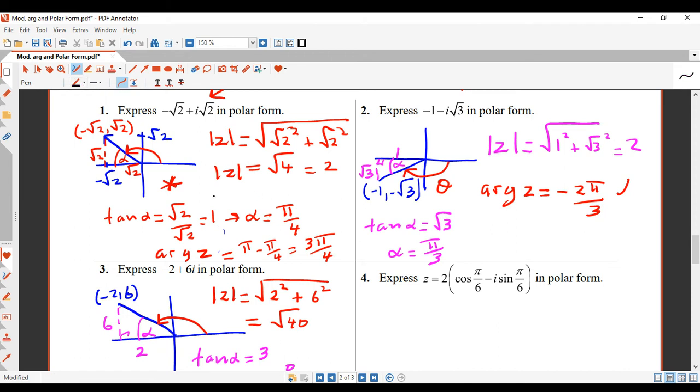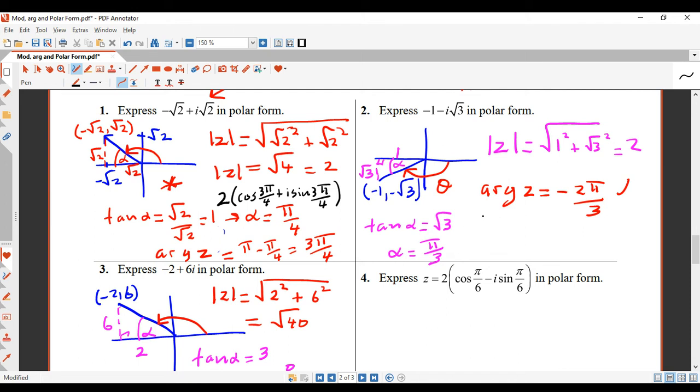Coming back to the first one, just putting this in polar form, it's going to be 2 and then brackets cosine of 3 pi on 4 plus i sine 3 pi on 4. I'll read the question next time.